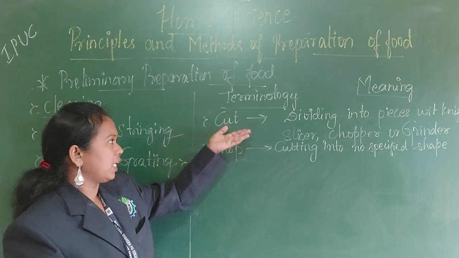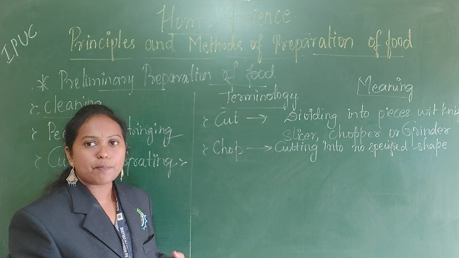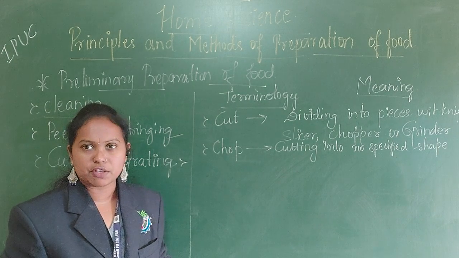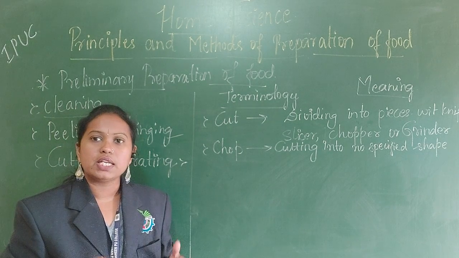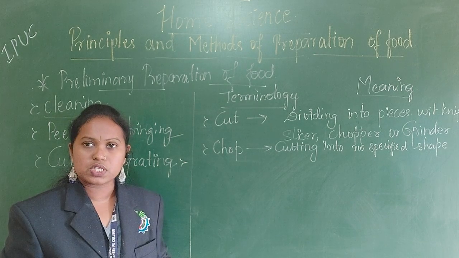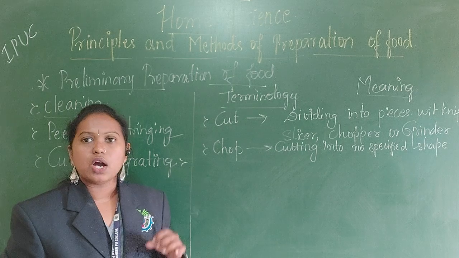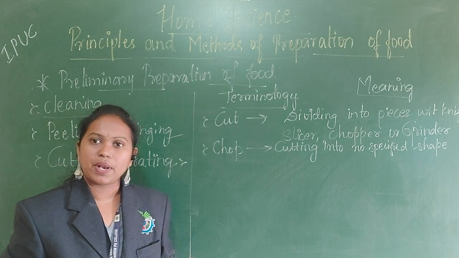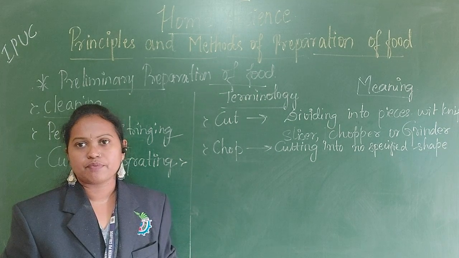When coming to only cut, the food is divided into pieces, whereas chopping means there won't be any specified shape. The chopper is another piece of equipment which is commonly used in the chopping of food. Chopping into a coarse pulp is applied to meat, fruits and vegetables.